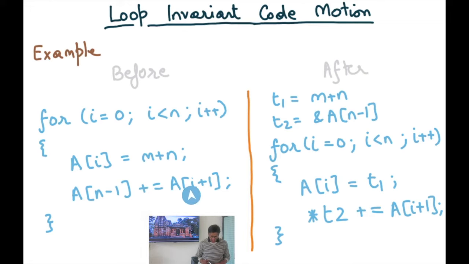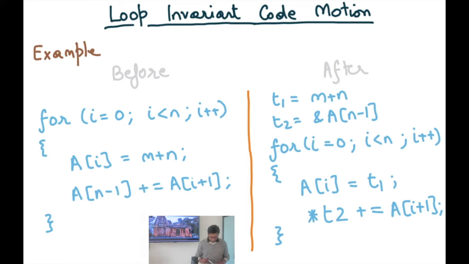Similarly, a[i+1], both the address and the value are going to be different in every iteration. But let's look at this one, a[n-1]. n is loop invariant, and so the address of a[n-1] is also loop invariant. And so there are two computations in this particular loop which are invariant across iterations of the loop.